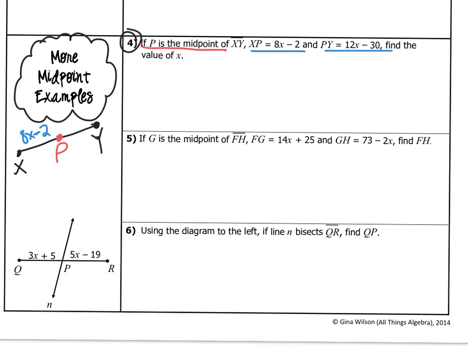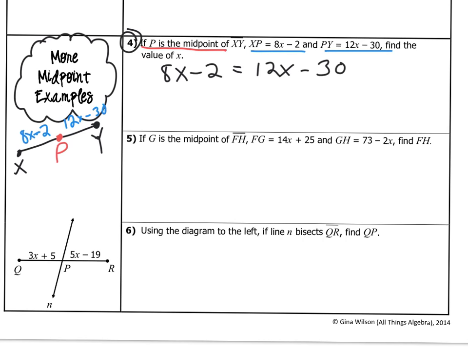So here's py, 12x minus 30. So in the case that we're told that P is a midpoint, to find the value of x, we're going to set these equations equal to each other. So I'll have 8x minus 2 equals 12x minus 30.